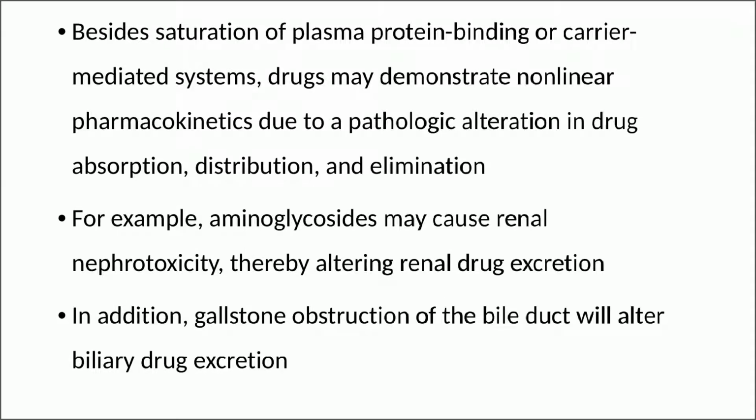Now, besides saturation of plasma protein binding or carrier mediated systems, drugs may demonstrate non-linear pharmacokinetics due to pathologic alteration in drug absorption, distribution, and elimination. There are certain situations in which the disease state brings pathological changes inside the human body, and because of these changes we see alteration in the absorption, distribution, and elimination of the drug.